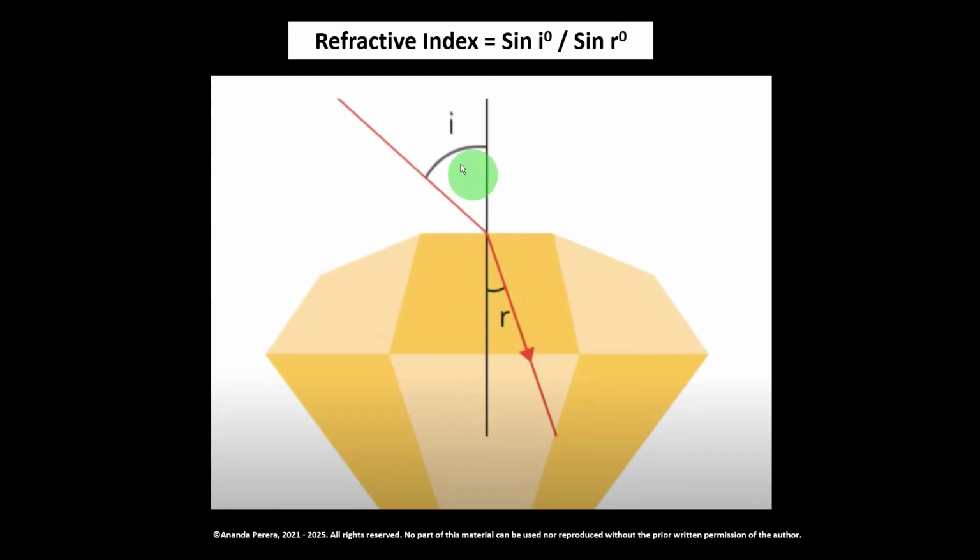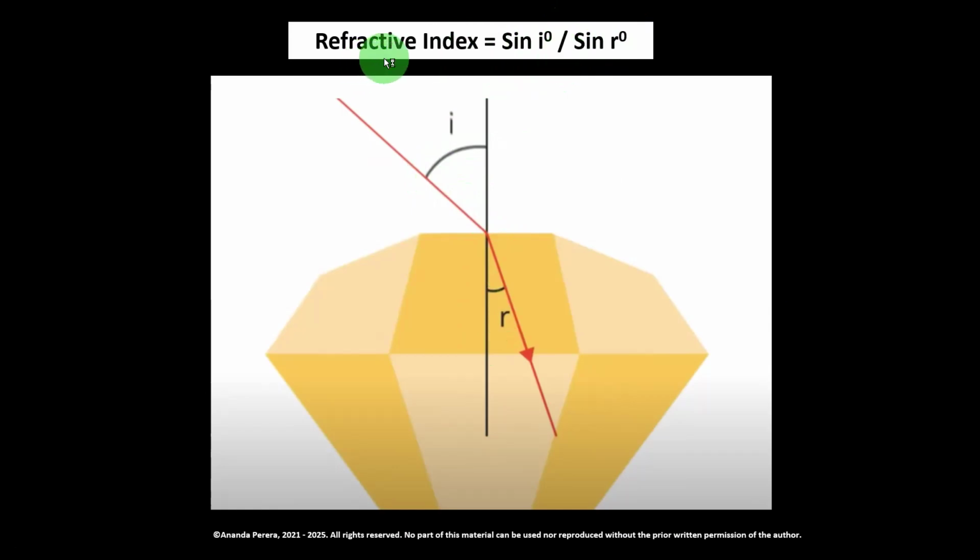Then there is a proportion. If we measure this in angle degrees, the sine of I divided by the sine of R is equal to some value.